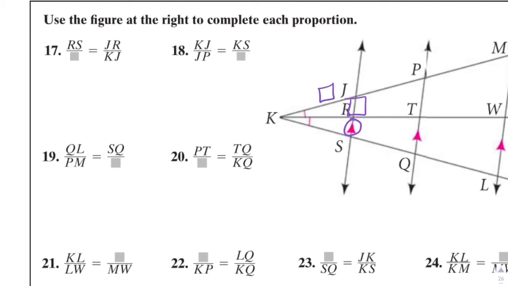Well, JR and KJ are that triangle right there, KJR, the side and the base. So it looks like the angle bisector theorem. So it looks like it's supposed to be this one right here. So we have RS is to JR as KS is to KJ.